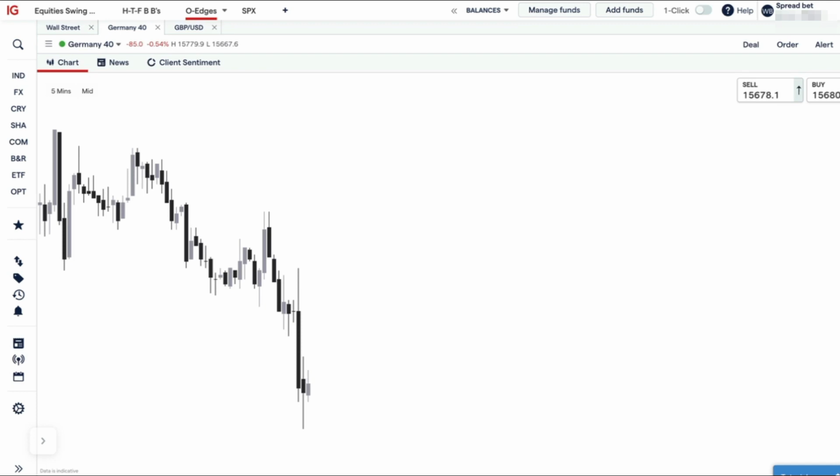Rule number 1 of this edge is to await our entry trigger. And I can see that is actually forming as we speak. So we'll just give this another few minutes to confirm itself.